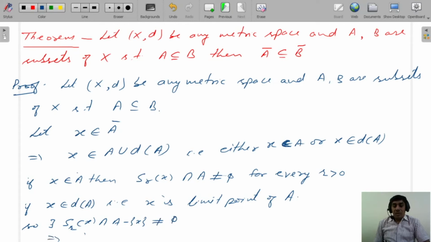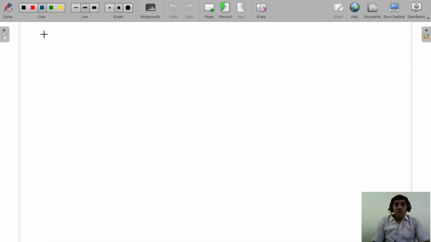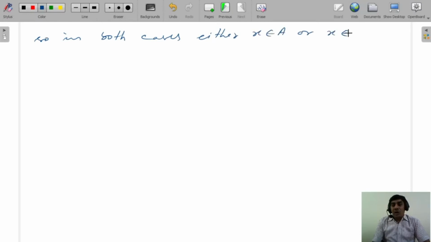This implies the sphere centered at x intersect A does not equal phi. So in both cases, either x belongs to A or x belongs to D of A, we have the sphere centered at x with radius r intersect A does not equal phi.